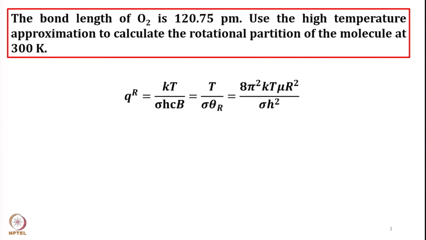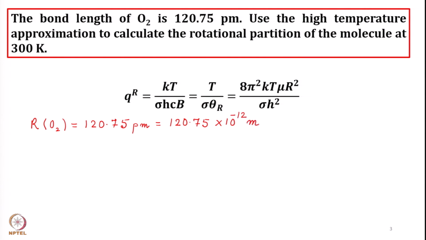The given information to us is the bond length of oxygen. Let me say R of oxygen is given as 120.75 picometer, which is equal to 120.75 multiplied by 10 raised to the power minus 12 meter.